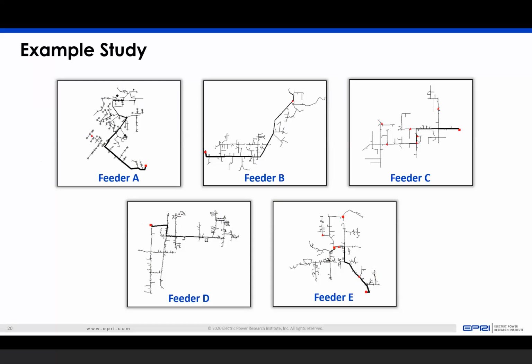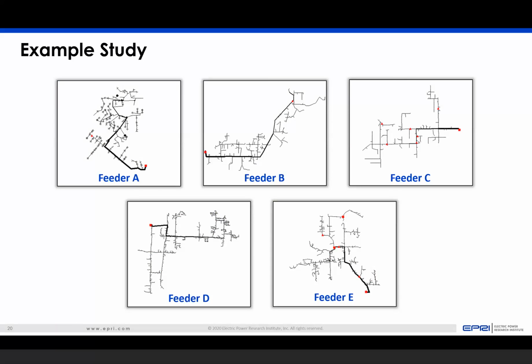So in this study, we looked at 5 different feeders with a range from 4 to 15 kilometers in length, with a variety of cap bank and line regulator configurations from a voltage regulation standpoint. The goal was to select enough feeders and locations to draw generalized conclusions.